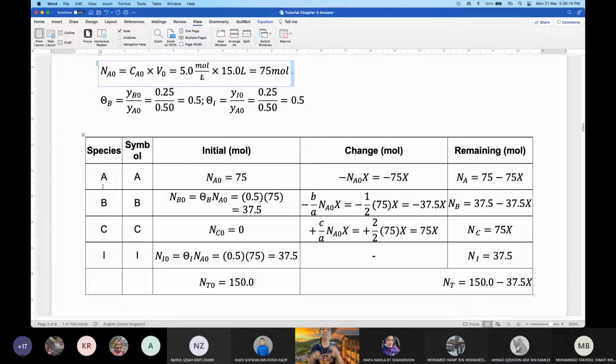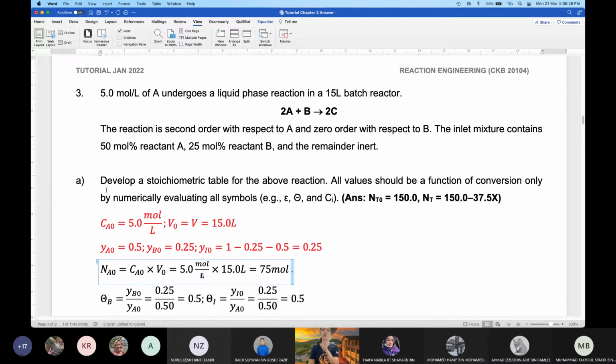Okay, mesti ada baris dia sendiri. So in this case, I have 4 compounds in the reaction. Compound A, compound B, reactant A, reactant B, product C, product D. Sorry, 3 compound. We have 2 reactant A and B and 1 product C. So we have 3 row. And don't forget as well, we have an inert.